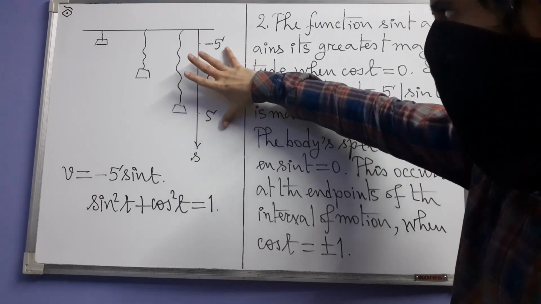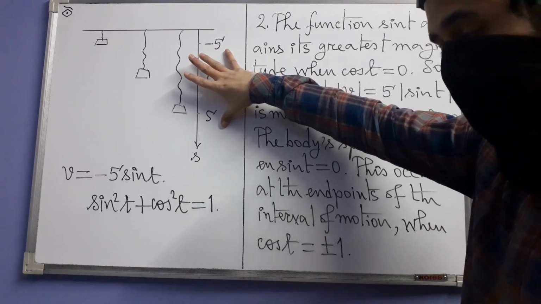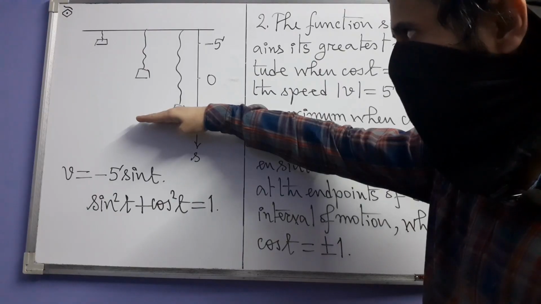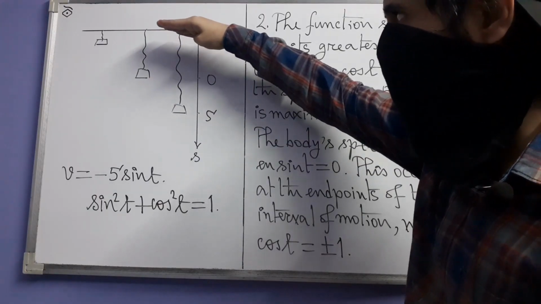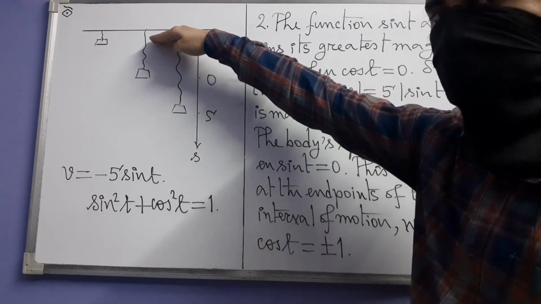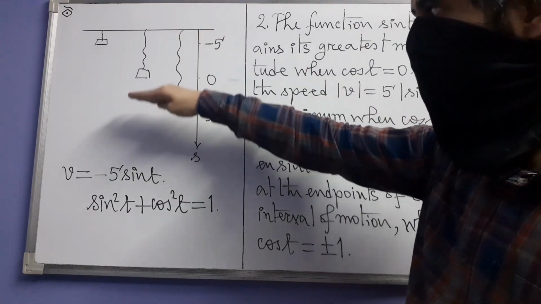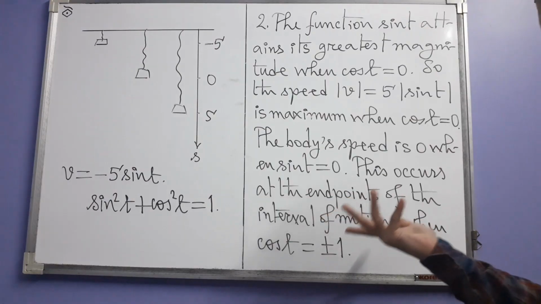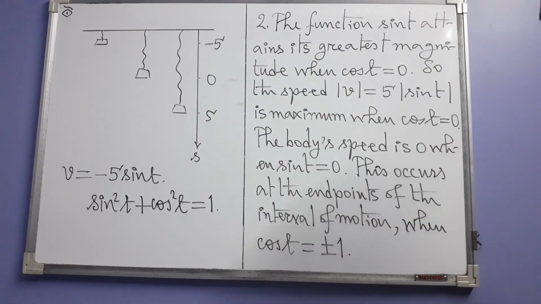So these are the two instants when speed is 0. Yes, that is true. The motion starts here, the body goes up and momentarily stops. So there the speed is 0. Again it comes down and it stops here. Again the speed is 0. So that thing has also been revealed by these equations.